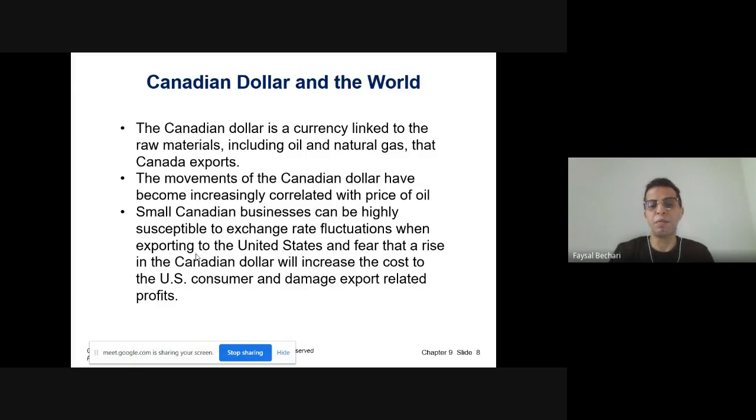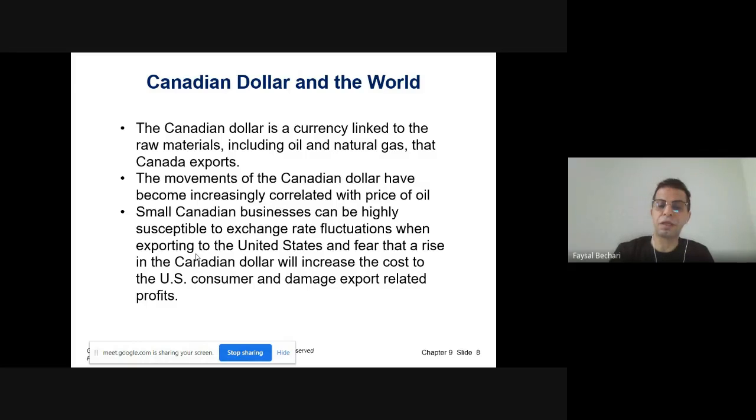Now, the movement of the Canadian dollar has become increasingly correlated with the price of oil because Canada is a major exporter of oil to the USA. So when the price of oil goes up, the price of the dollar goes up, and vice versa.